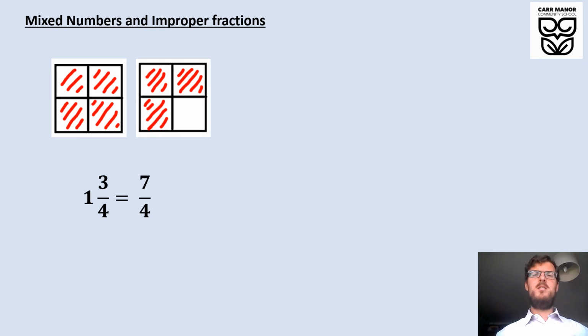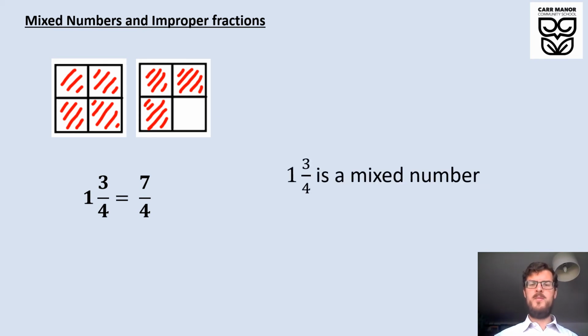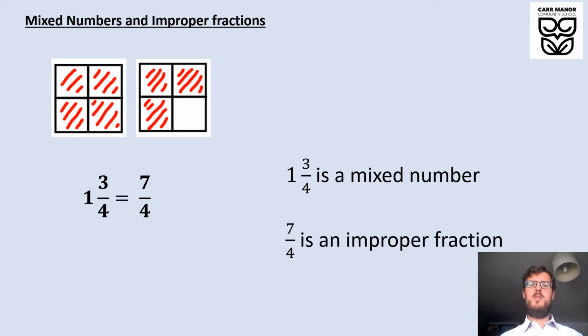The denominator, the bottom number, tells us how many make a whole. So because we can see we've got 1 whole one and then 3/4 of a second one, then we're saying we've got 1 and 3/4 or 7 pieces when 4 make a whole. So we can see that 1 and 3/4 is a mixed number because it's got a regular number 1 and 3/4 a fraction, whereas 7/4 is an improper fraction because the numerator is bigger.